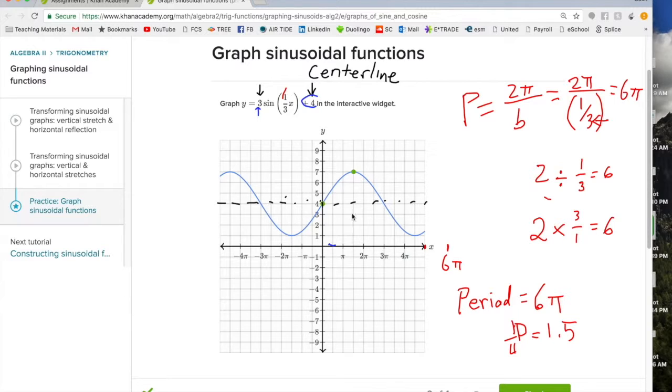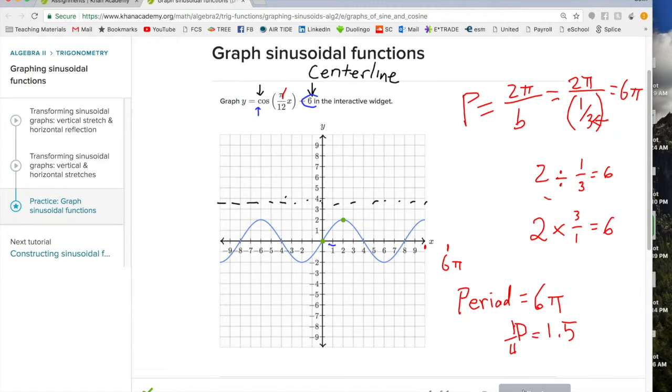So we've got all those things. We know that we're at a period of 6 because of where our two dots are. They're spaced 1.5 pi apart. We know that the center line's 4. We've raised that starting point up to 4. And we know that our amplitude extends 3 points above that. So that's why we know that we're correct. And we're going to move on to the next question.